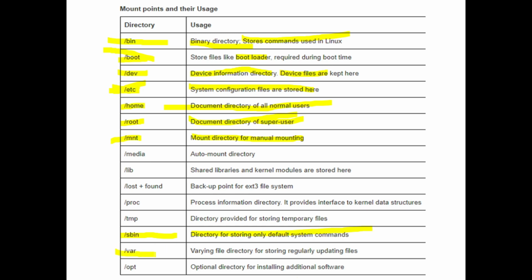We'll also deal with this directory in the later parts of the semester. The /var is the variable directory for storing regularly updating files, especially the log files, which we will deal with in the succeeding lectures.